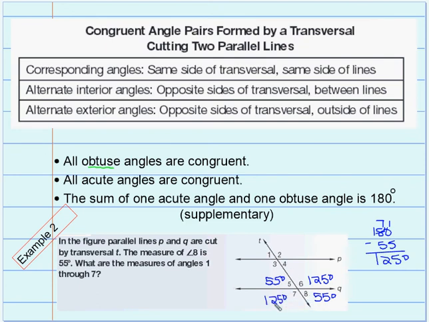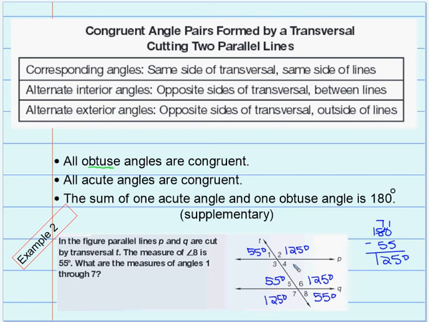Now, remembering what we know about corresponding angles, they hold the same position in reference to the parallel lines and the transversal. So angle 1 would be corresponding to angle 5, so this would be 55 degrees. This would be 125 degrees because angle 2 and angle 6 are corresponding.